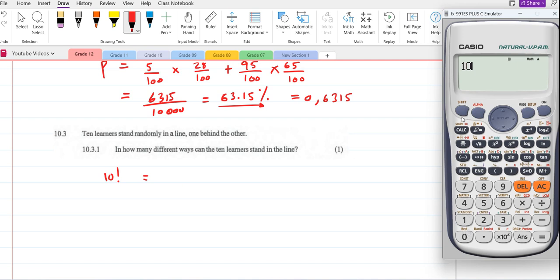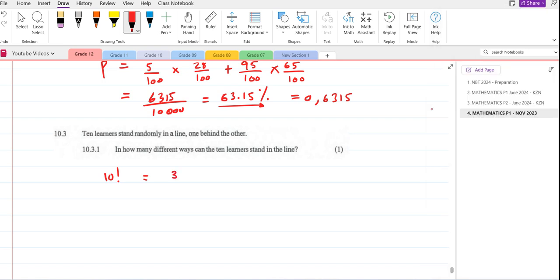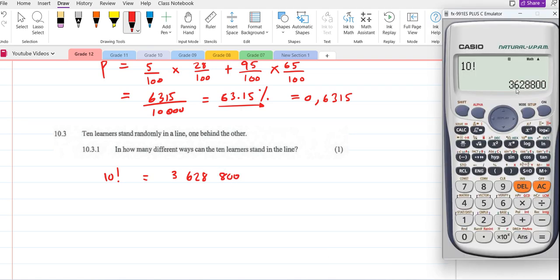Where's the factorial? Here it is. 10 factorial is 3,628,800. Yes. Let's look at the last question.